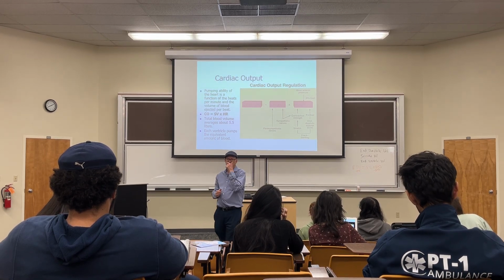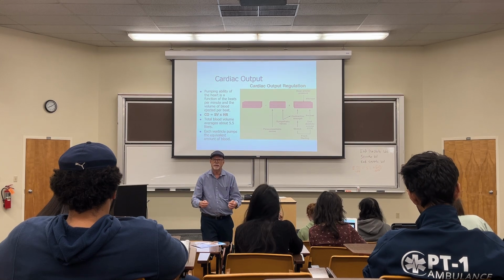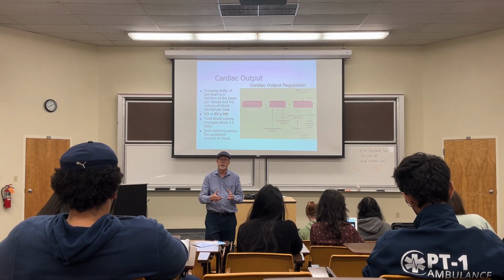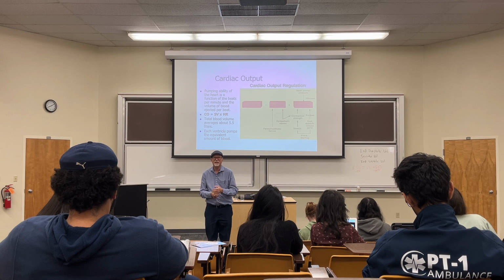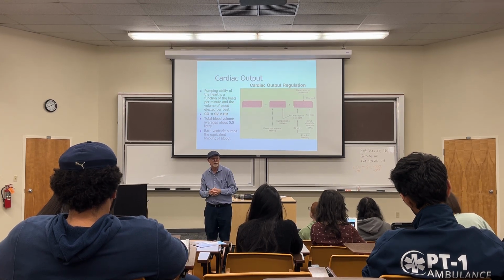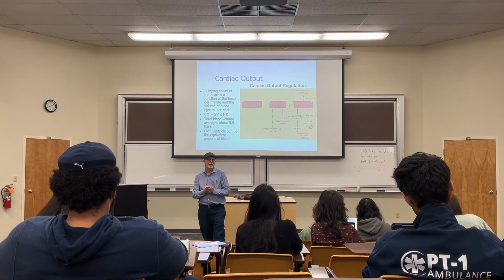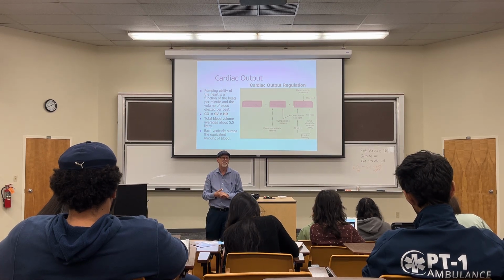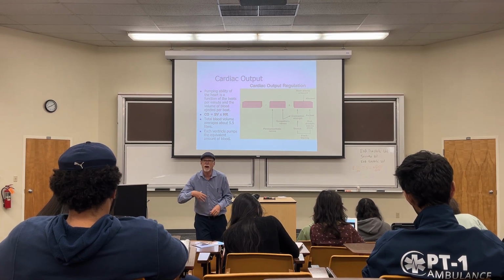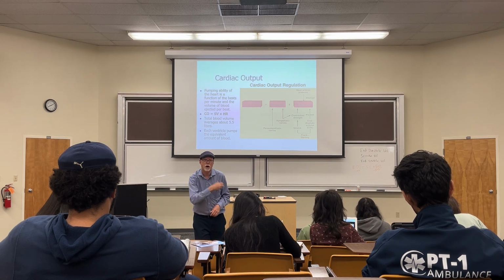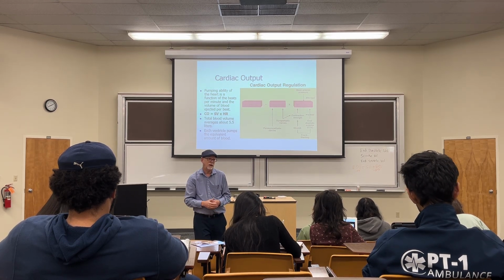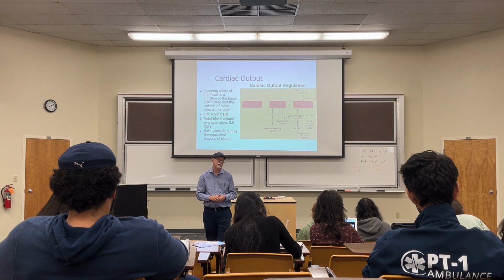But if we exercise, especially really strongly, we can get our cardiac output all the way up to 25 liters per minute, about 5 times as much volume per minute. We're moving our entire blood volume through the heart 5 times in a minute.